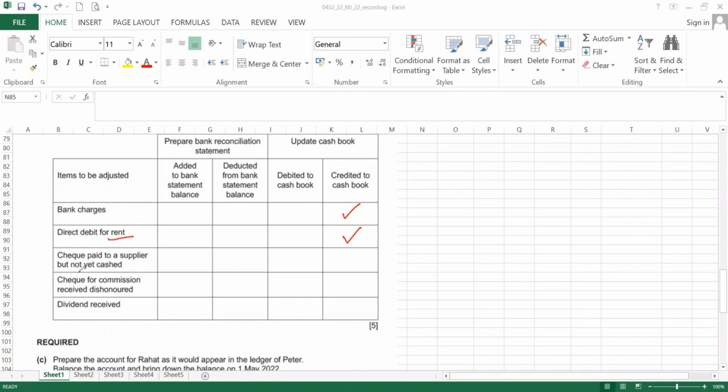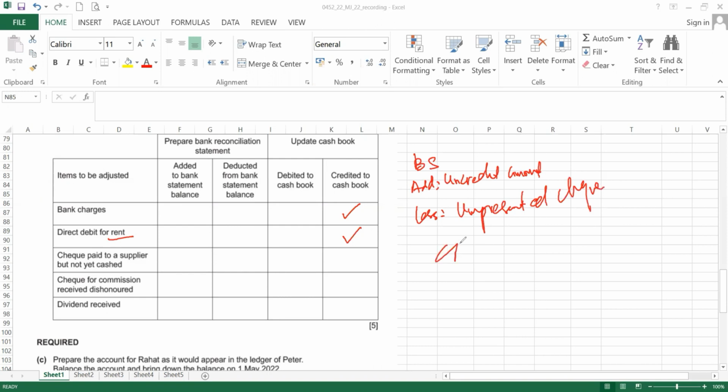Cheque paid to supplier but not yet cashed. This is an unpresented cheque, used to prepare the bank reconciliation. In the normal situation, when we have the bank statement balance, we add the uncredited amount and less the unpresented cheque.